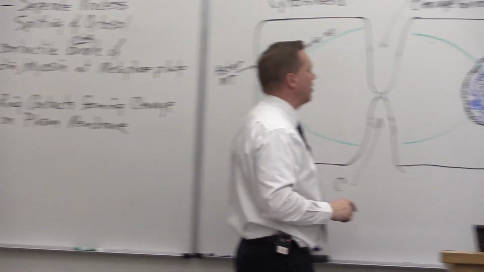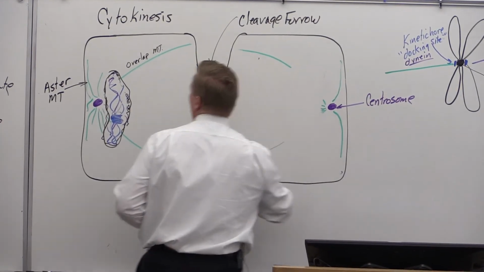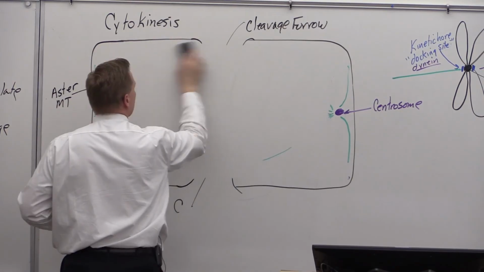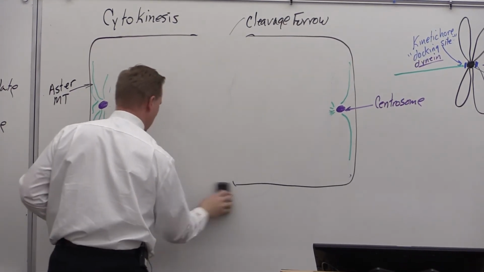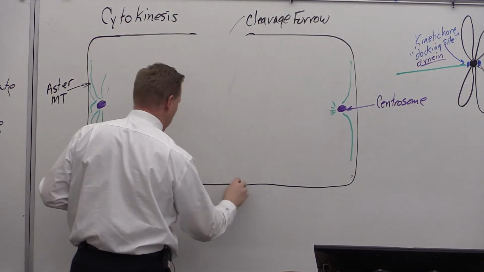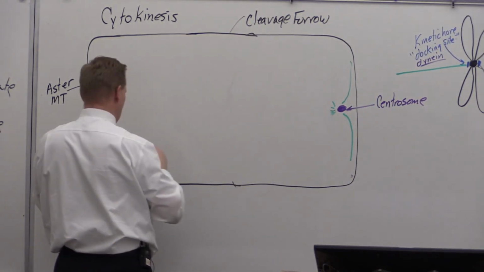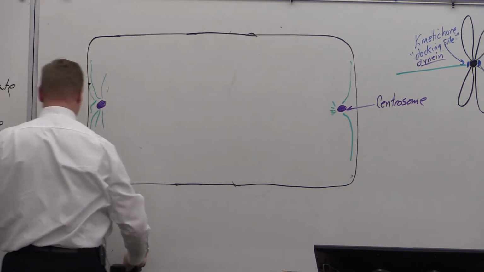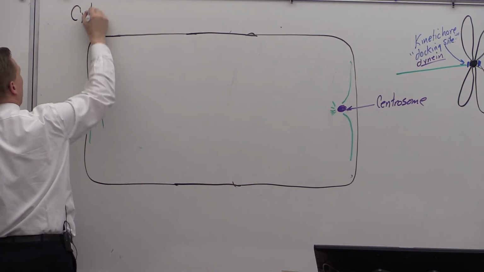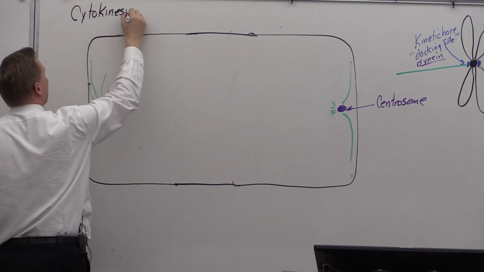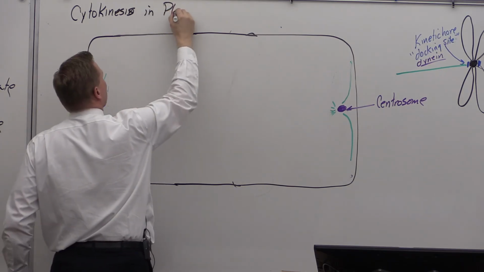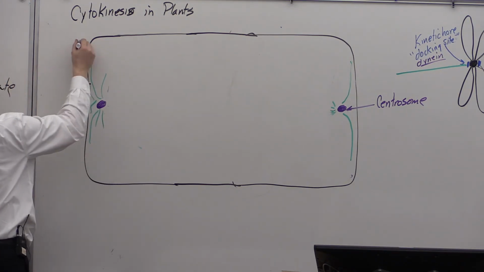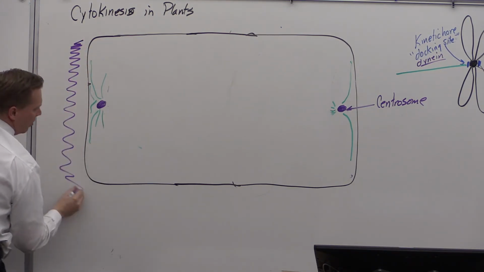One more thing that we want to talk about, and then we'll be done with our mechanisms. And that is, let's erase this. And let's talk for a second about plant cells, because they face kind of a unique problem. To do cytokinesis in plants, remember, they have this rigid cell wall that surrounds the whole plant.